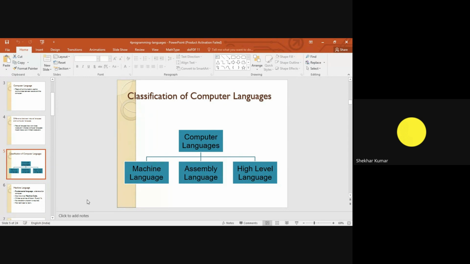So to control all of these systems, all of these machines, to get a desired output, we use programming languages. So there is a requirement of skilled programming, which is very necessary.